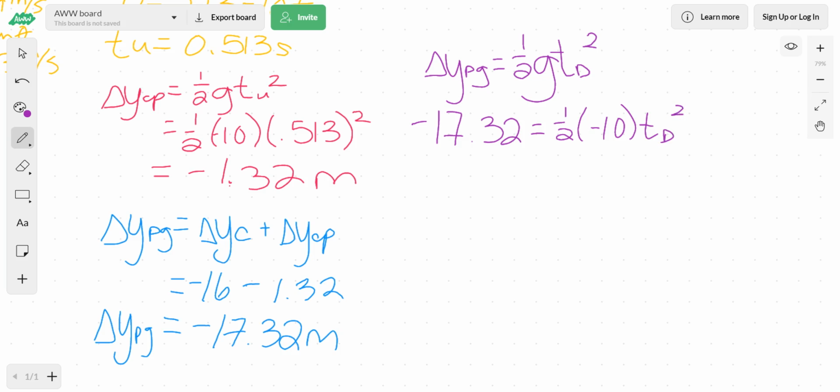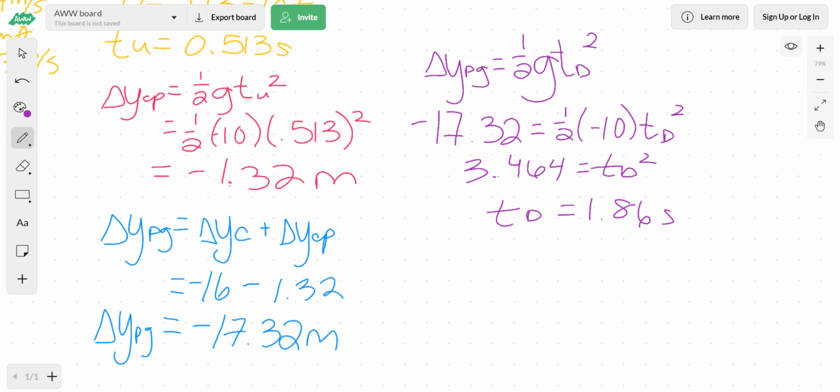So we get 3.464 equal to time down squared. So then time down is equal to 1.86 seconds. Okay, so it's going to go up for 0.513 seconds and then fall down for 1.86 seconds.